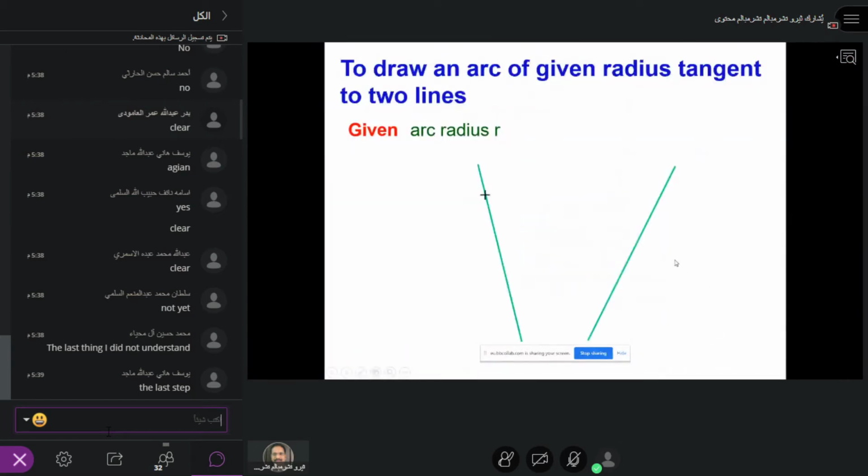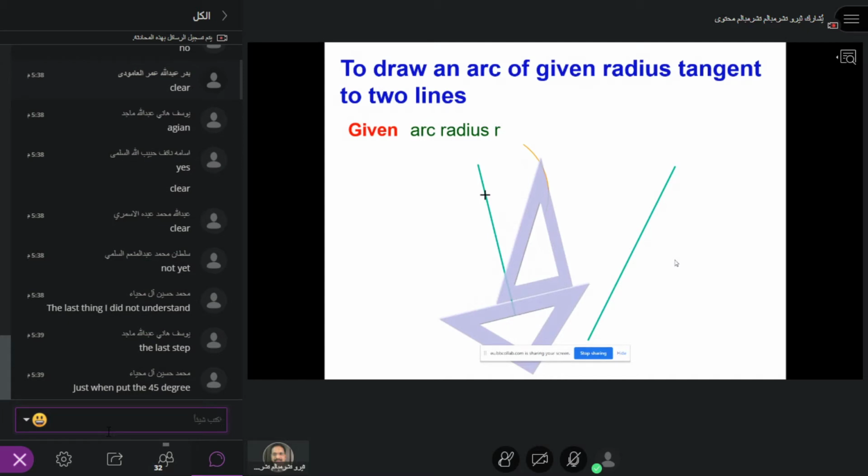Okay. What is his last point? This point is clear, right? The first point is we are drawing the arc and then drawing the tangent. Right? The tangent is drawn from some point on the arc, parallel to this.